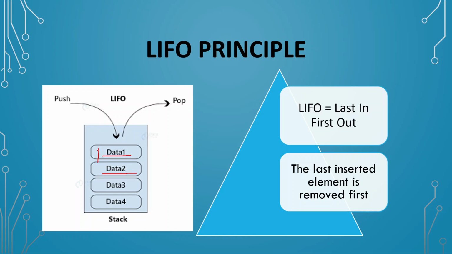Here, data 1 is the last inserted element in the stack. So when we perform the pop operation on the stack, data 1 will be removed first. This is why we say the element that comes last will be removed first.